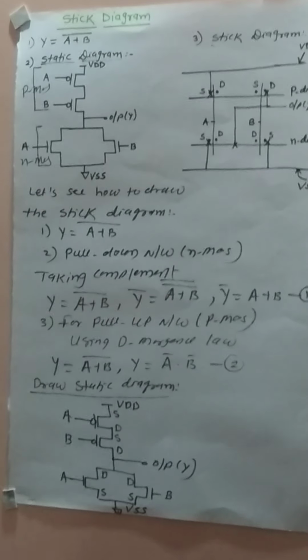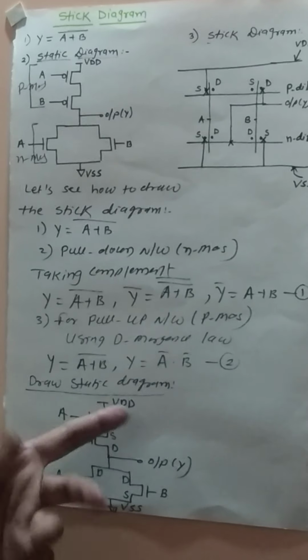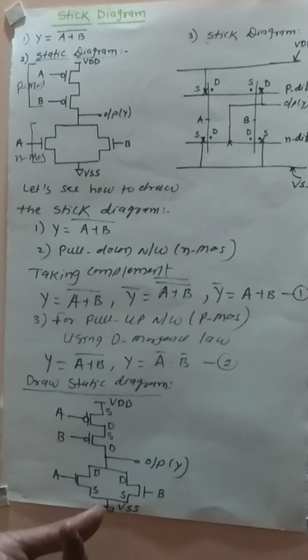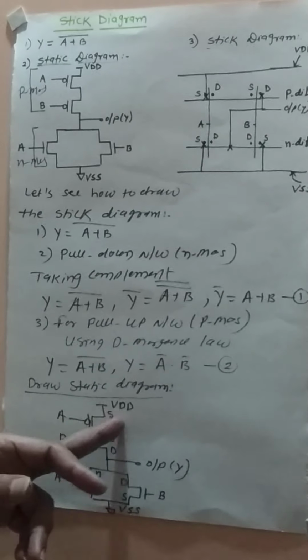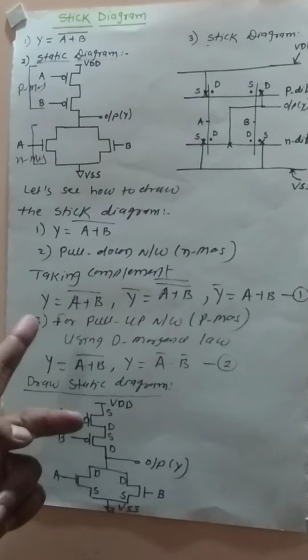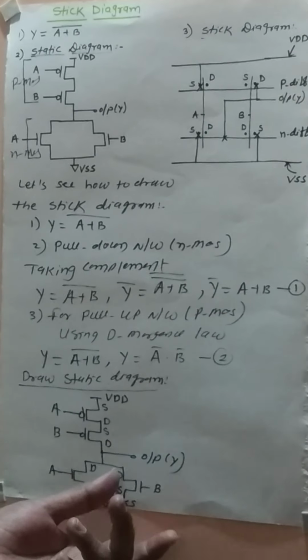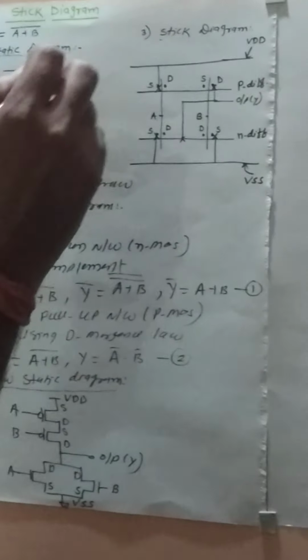Okay. So once we mark the source and drain, we can draw the stick diagram. So we need source and drain so that we can draw the stick diagram very effectively. So let's draw the stick diagram.